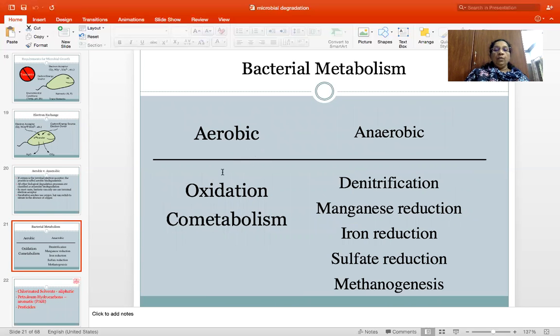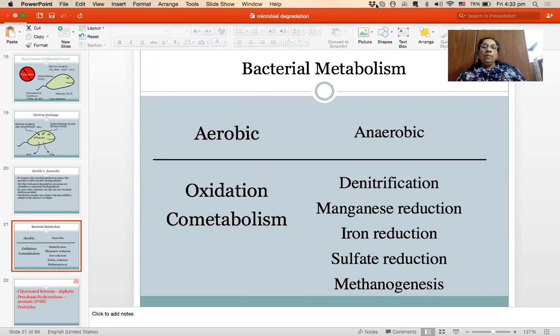For example, in aerobic condition, oxidation and co-metabolism occur, and in anaerobic condition, nitrification, denitrification, manganese reduction, iron reduction, sulfate reduction, and also methanogenesis. These are the anaerobic pathways of biodegradation processes.